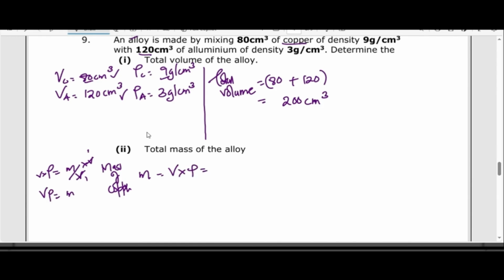So from the formula of density is mass all over volume, the mass of copper, which is letter M, is volume you multiply with the density. So I'll take the volume of copper. This is the volume of copper. You have it there. Then multiply with the density of copper.